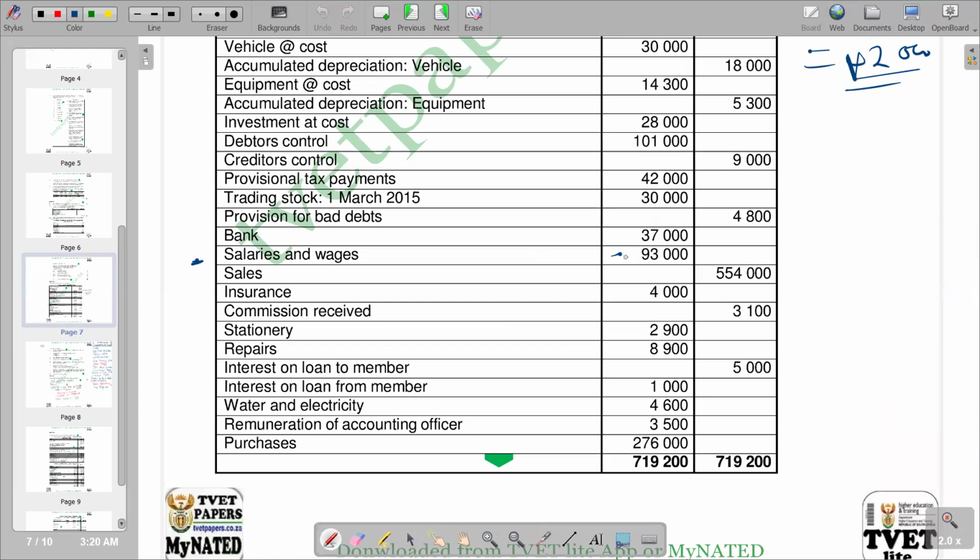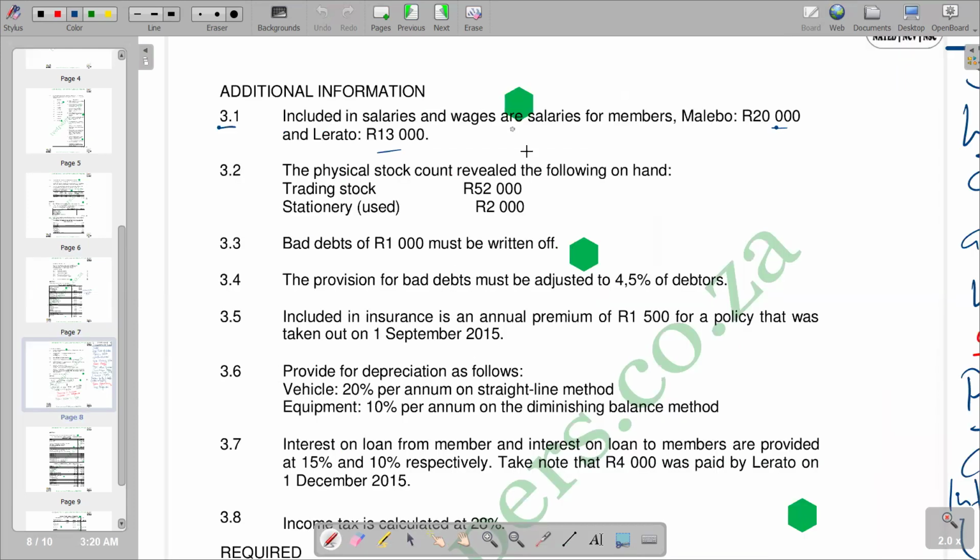So basically, 20,000 plus 13,000, you're going to get your 33,000.